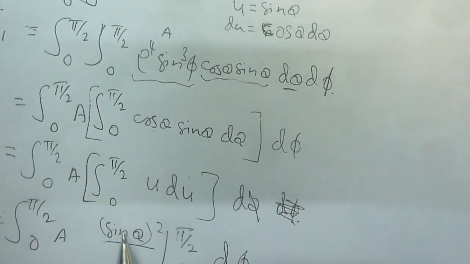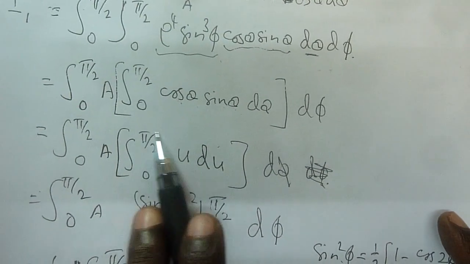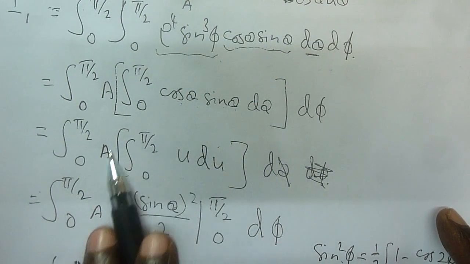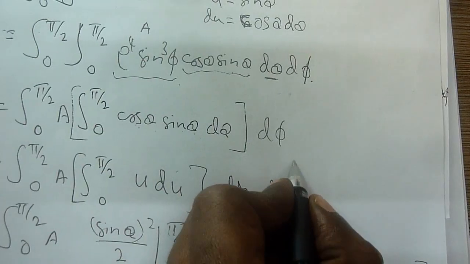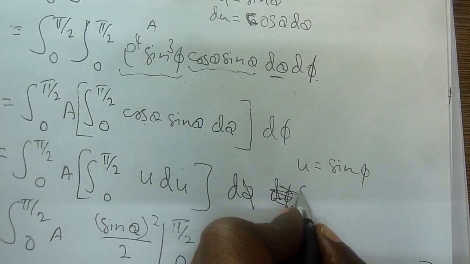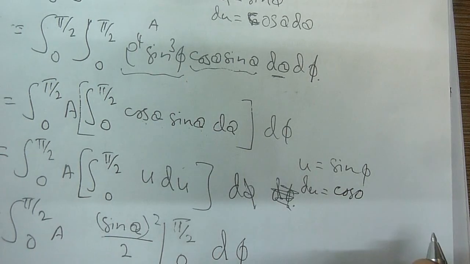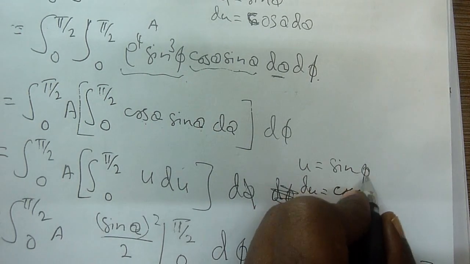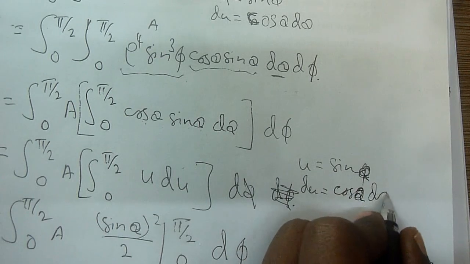In a previous class, I did mention to you, if you want to do this portion, for example here, you are using a substitution. You can change immediately, no problem. You see, if you imagine this u is sine theta, du is cos theta d theta.